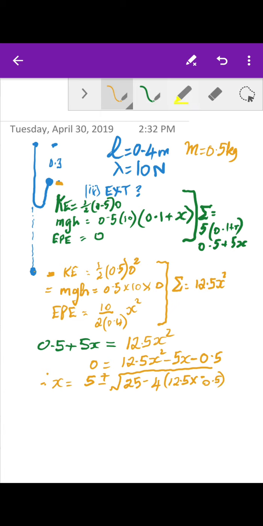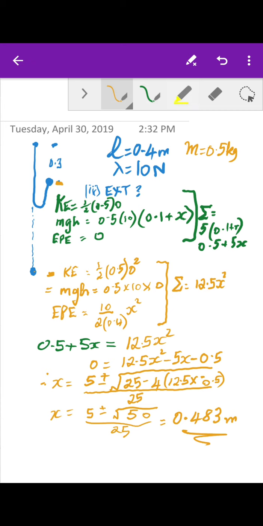So that becomes 25 minus negative 25, that's 25 plus 25 under there, all over 2a, which is 2 times 12.5, so 25. So we've got x equals 5 plus and minus square root of 50 all over 25. Put that in your calculator and you'll get a value of 0.483 meters, and that's the stretch that you will get.